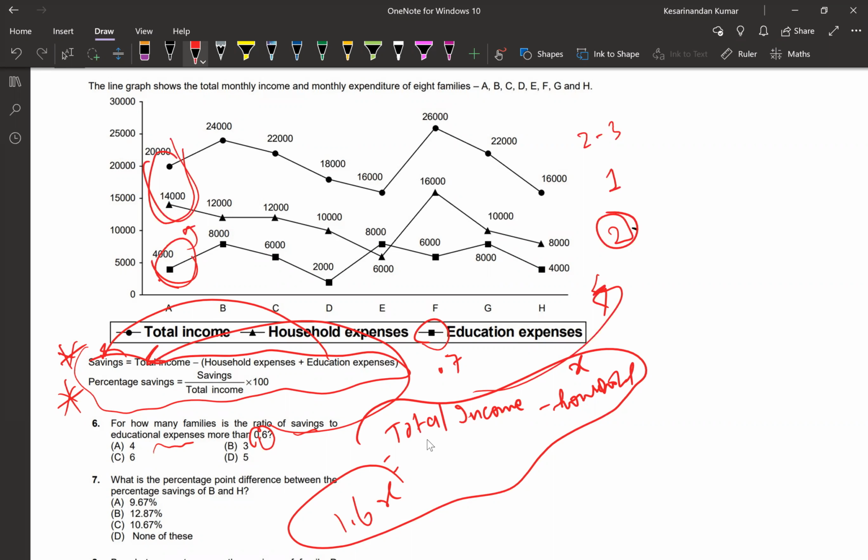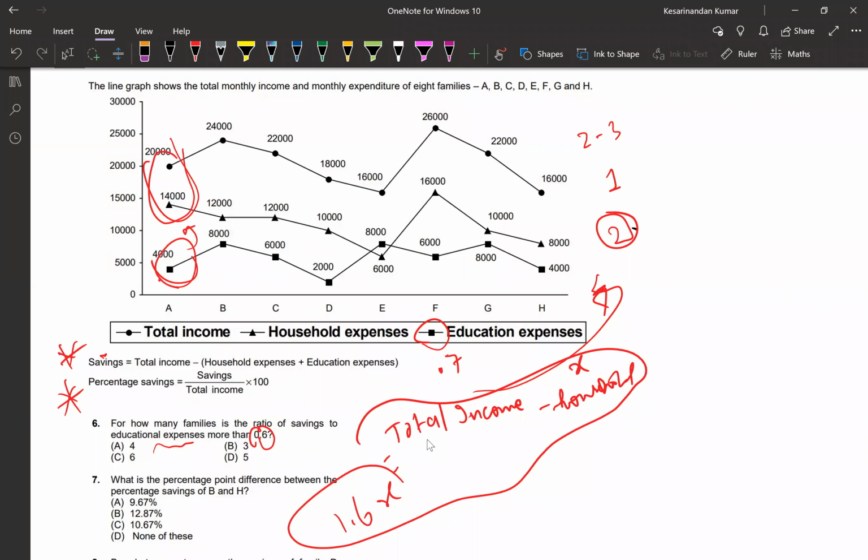Understood everyone? Can you please explain it? Okay, sure. I will explain it. In the question, it is asked for how many families is the ratio of savings to educational expenses more than 0.6. Let us assume it is 0.6 for now, because that's the borderline condition.